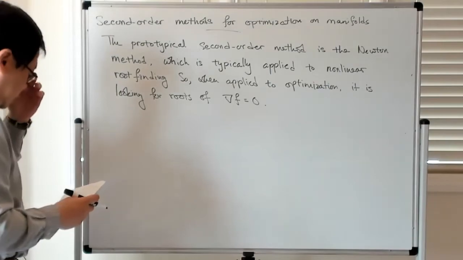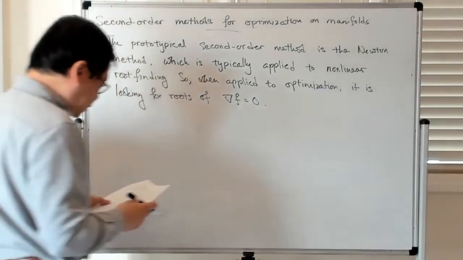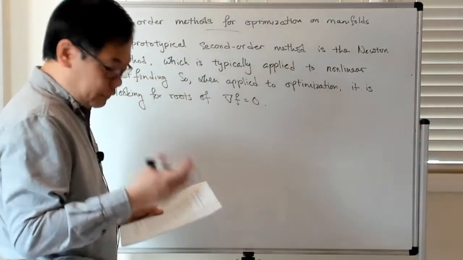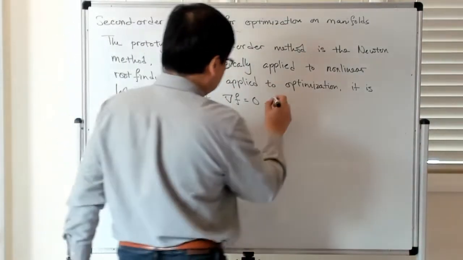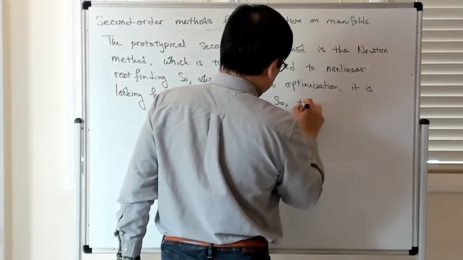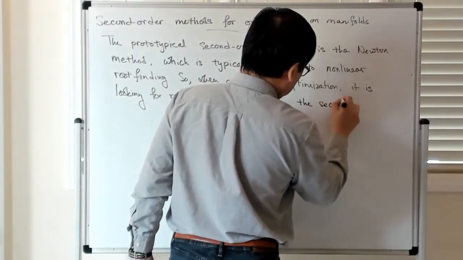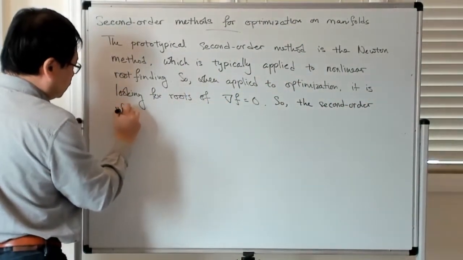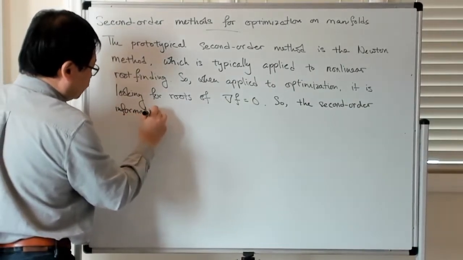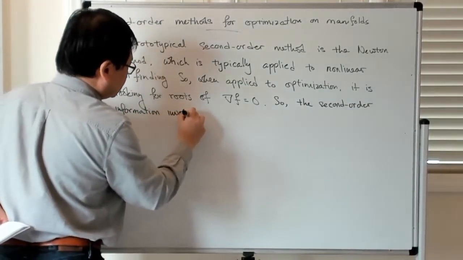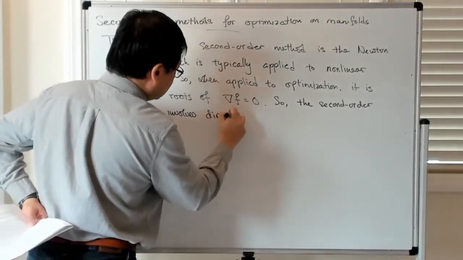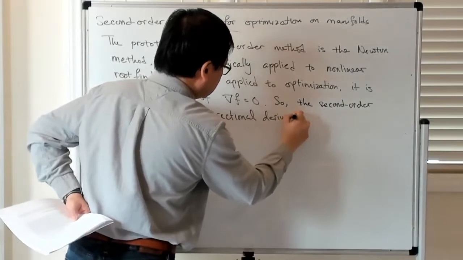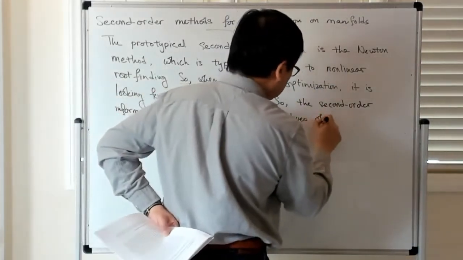So in essence, the second order information involves directional derivatives of the gradient.